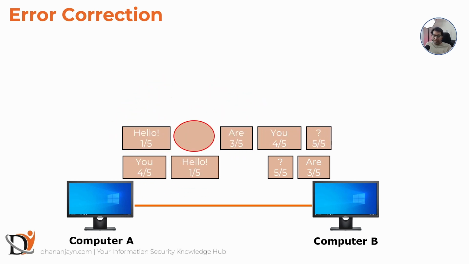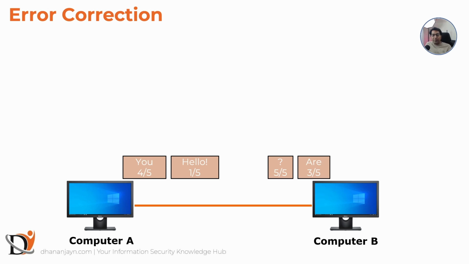So here what happens is computer B will only request the missing segment from the sender. So here look carefully, only one segment request would be sent back and the source or the sender will reply back with that segment only.